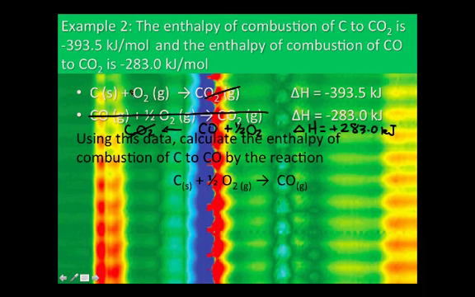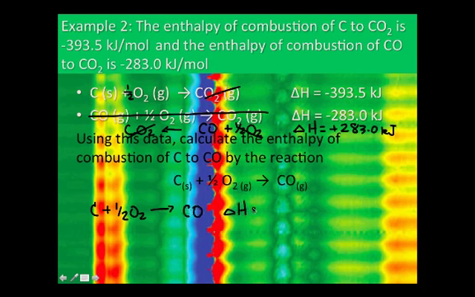I have 1 O2 on the other side, so I can get rid of half of my O2, but that still leaves me with the other half. Now let's add the two reactions together, and we should get our target. What I'm left with is carbon plus 1/2 O2, and everything else is crossed out. On the other side, CO, and nothing else is left.